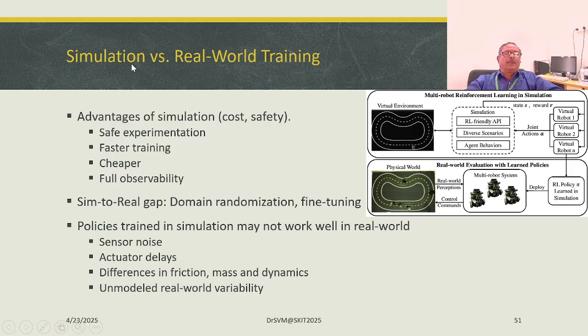So, one thing is either train the system under simulation and then convert to the real time, or directly train in the real time itself. So both have their own pros and cons.